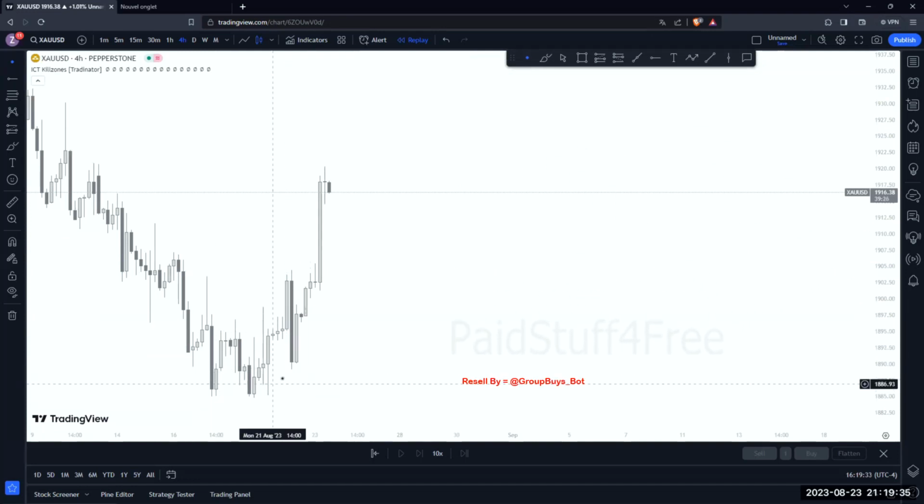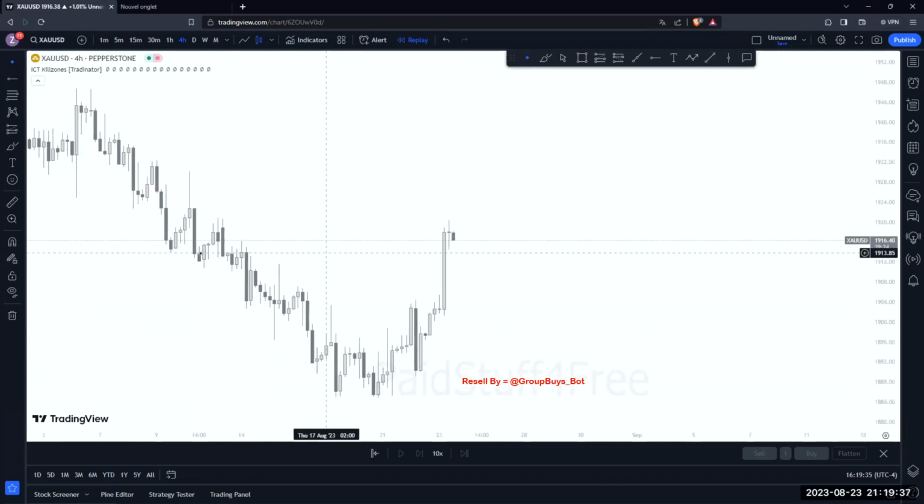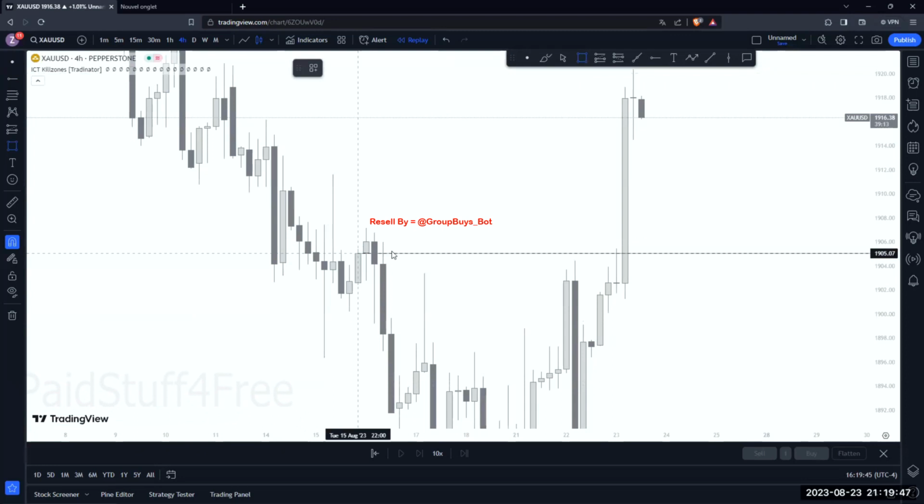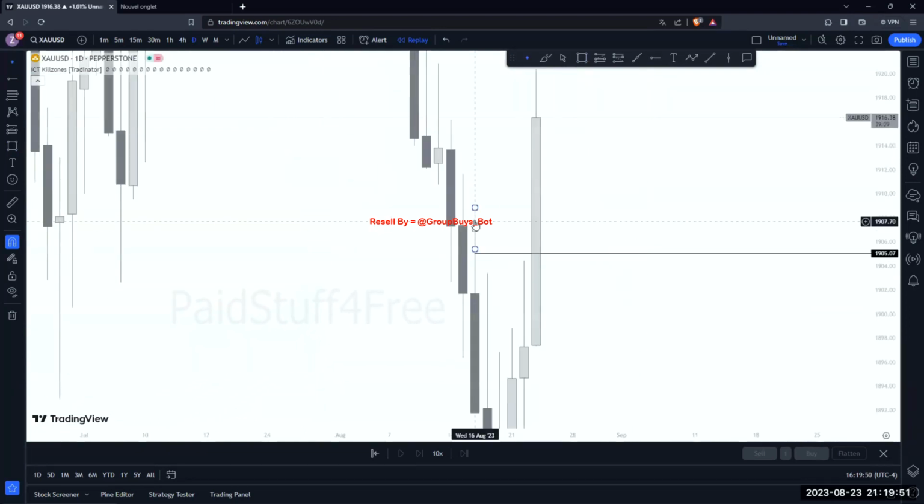I don't know if there was an example. Okay, see this? Let's check if it's coming from a daily level. I don't know this example yet, I did not pay attention to it. Oh yeah, what's this, guys?